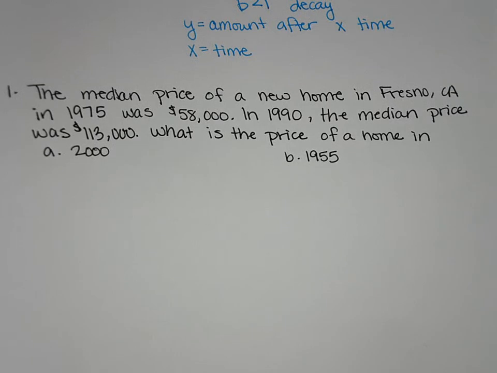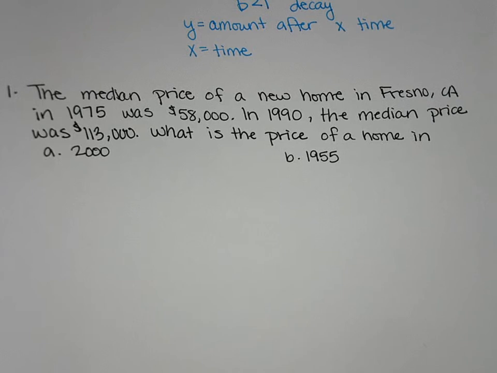So when we look at what we have here, we have a spot in time. So that means we have our x. It's just going to be different for each problem. What we don't have is our growth factor.